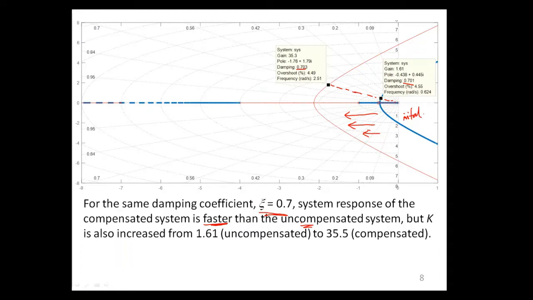But this is at the expense of the gain K, which is also increased from 1.61 to 35.5. Initially, without the compensation, we get a gain equal to 1.61, and this is further increased to 35.3.